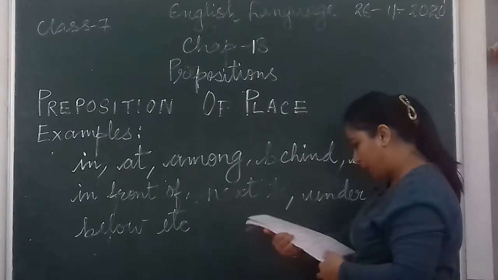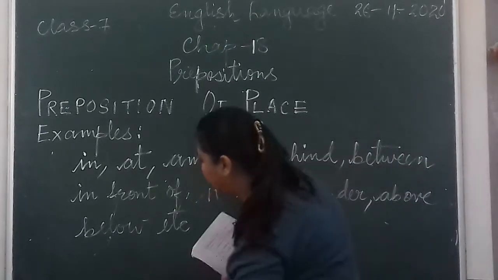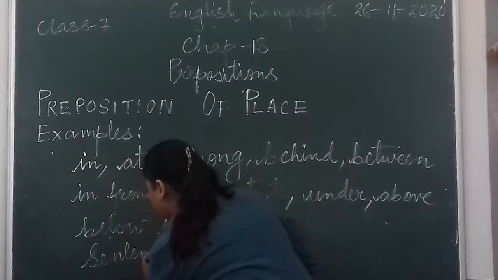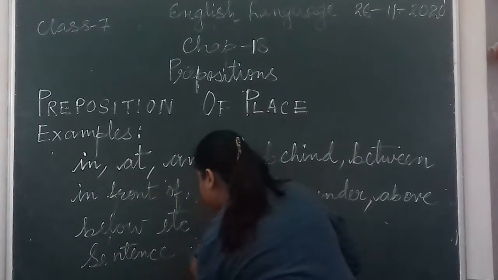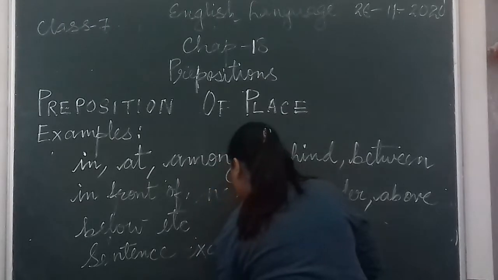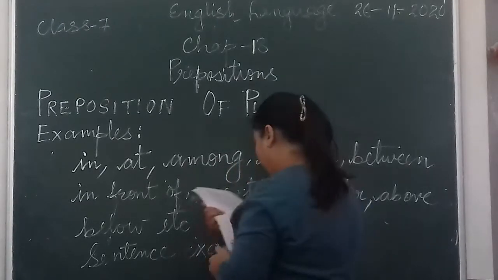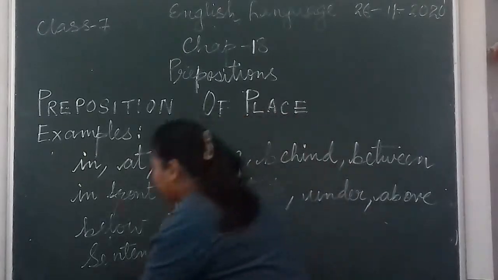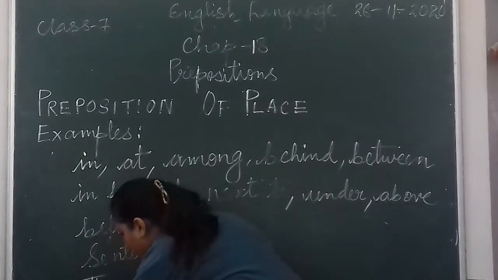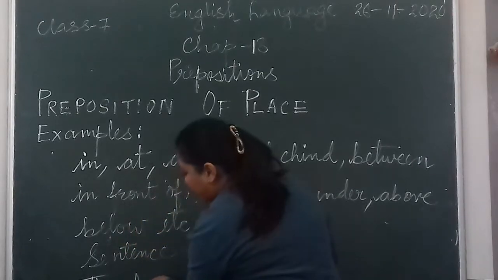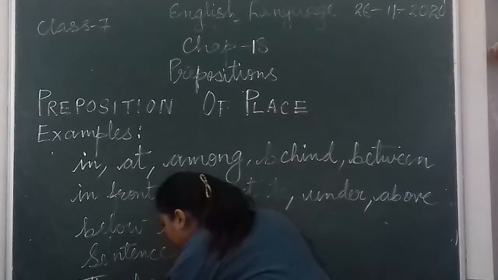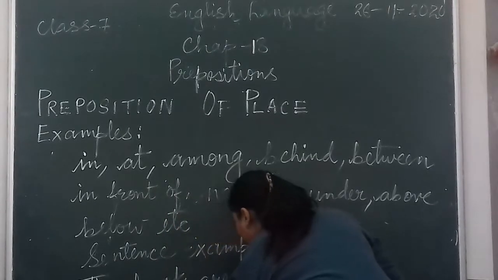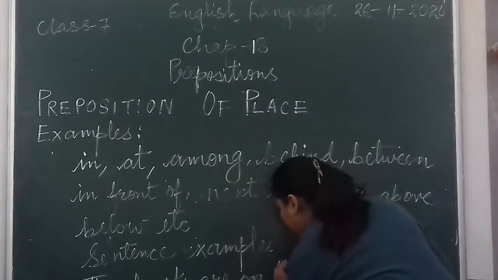And now look at the sentence examples. The books are on the table. Where are the books? It is answering the question where, isn't it? The books are on the table.